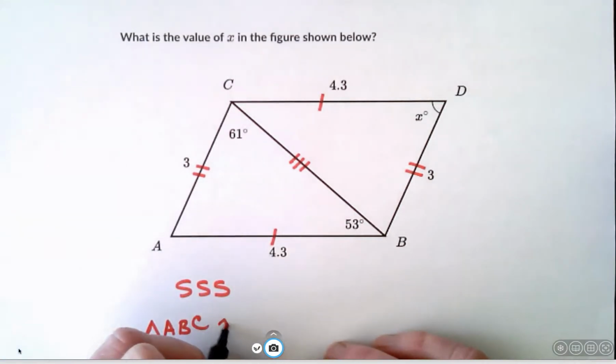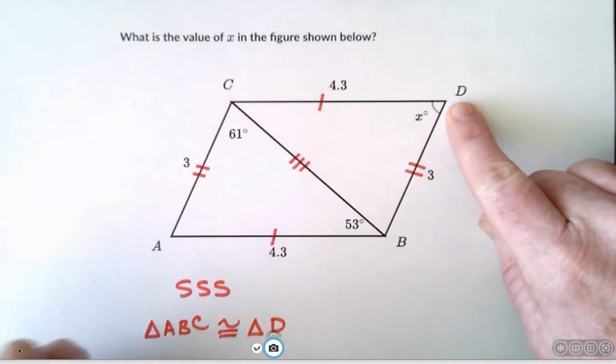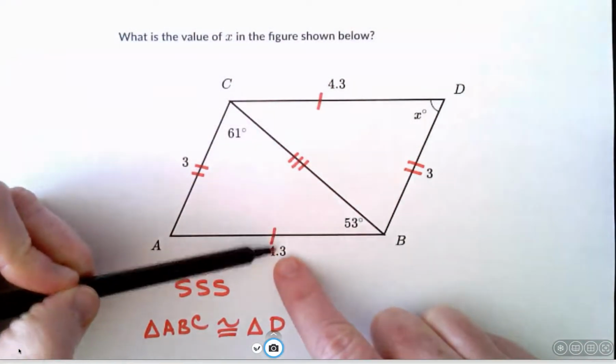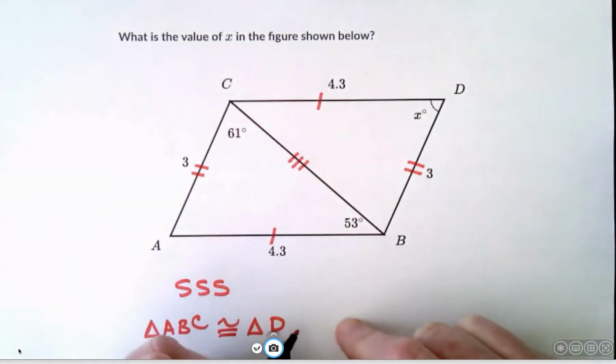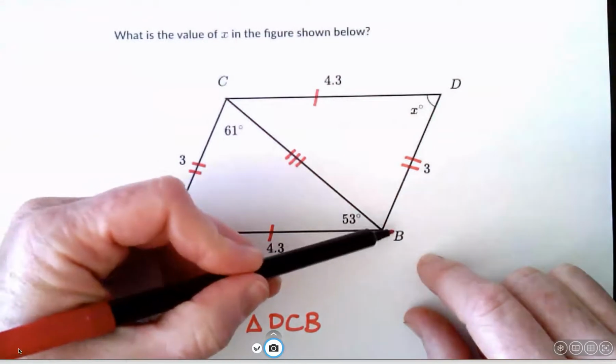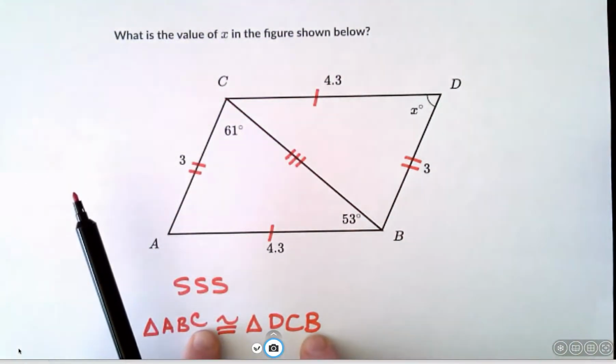So if we know that, we then know that triangle ABC is congruent to triangle DCB, and we know that the 4.3 is opposite B, the 4.3 is opposite C, so notice how these are in the same place.